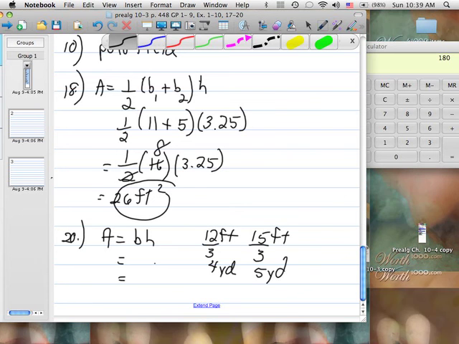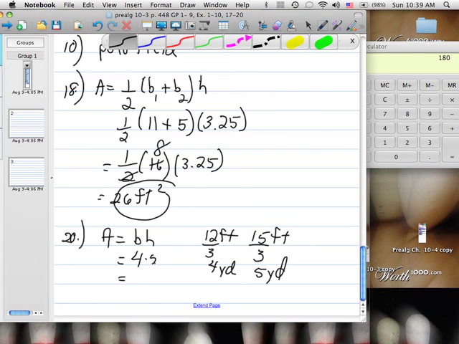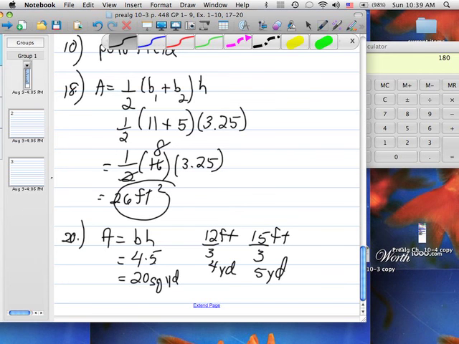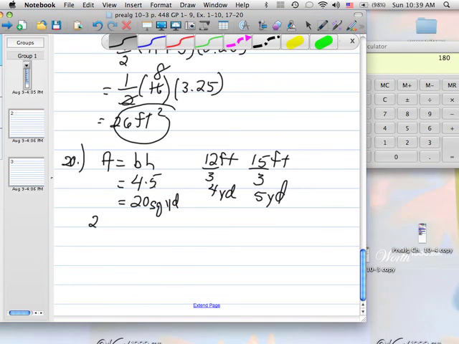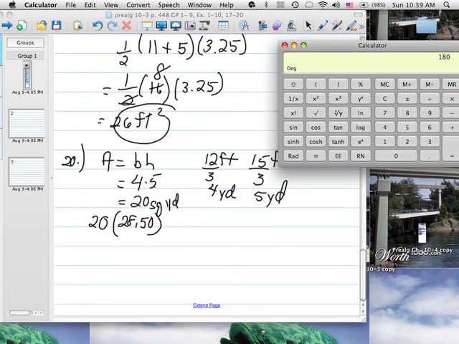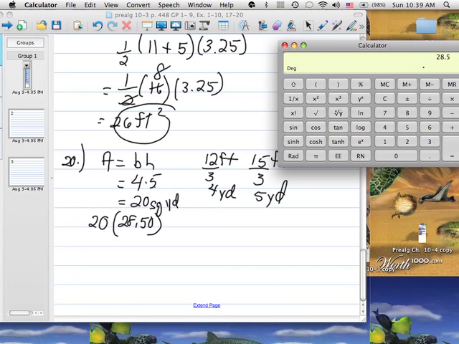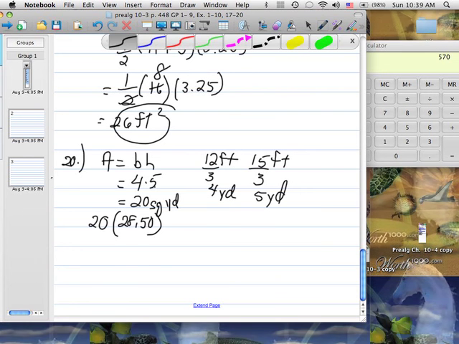So we can use 4 times 5, which is 20 square yards. And each of those square yards costs $28.50, so 20 times $28.50. Our cost is $570.